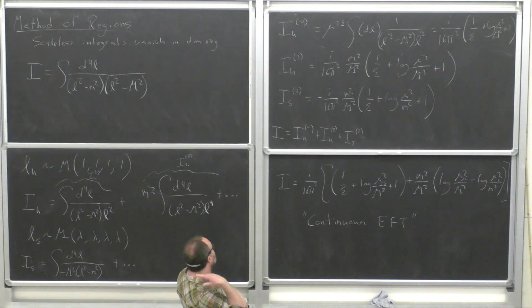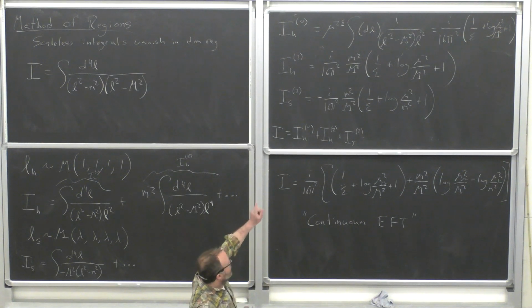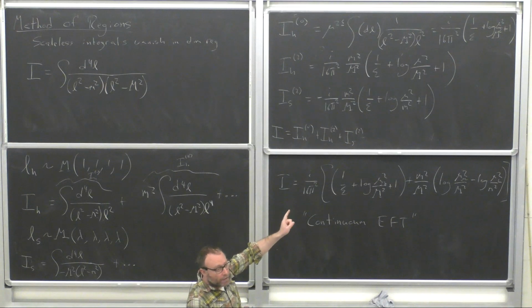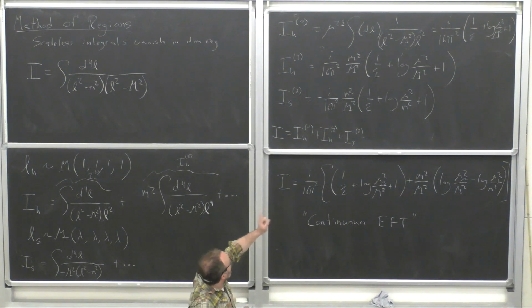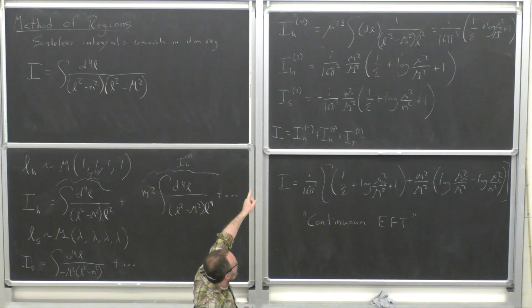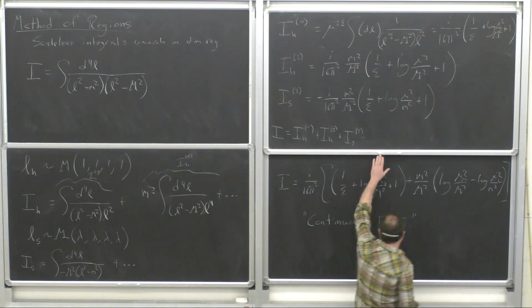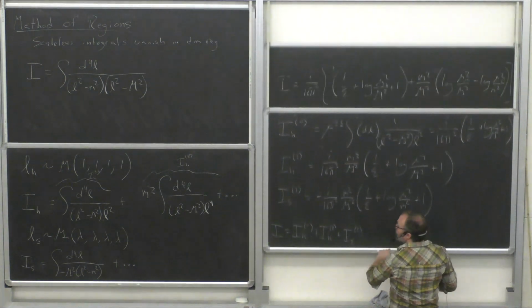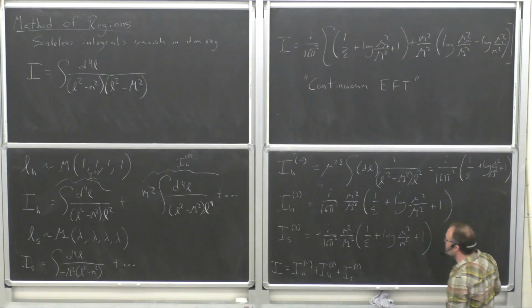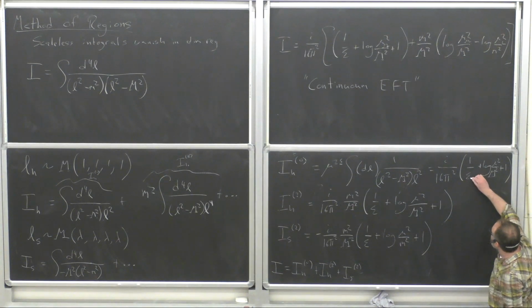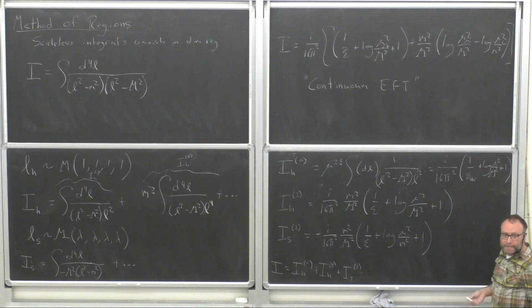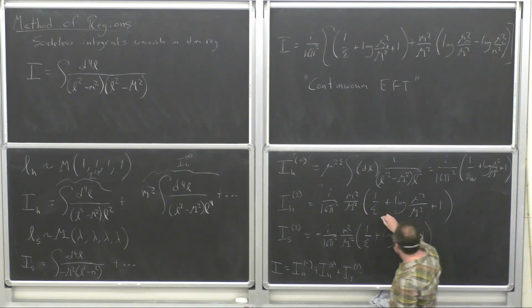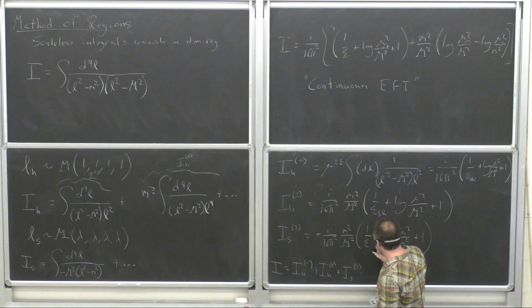So in the IH, it is technically regulating an IR divergence in IH2. Thank you for that question, because this is the next point I wanted to make. Here, it's UV. Here, it's IR.